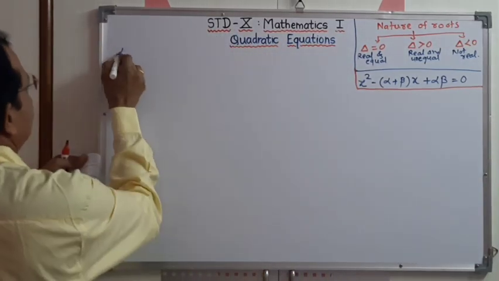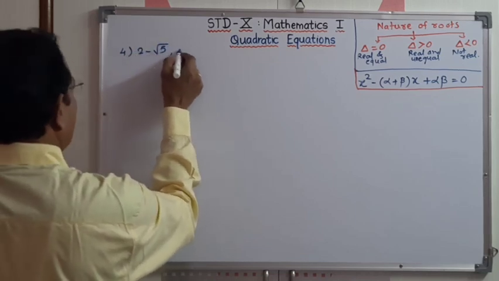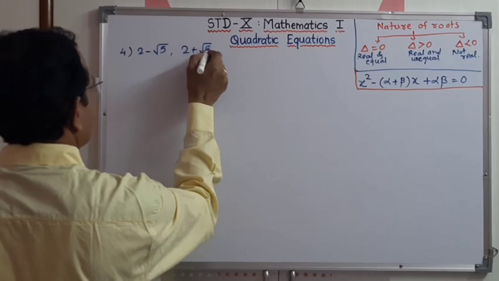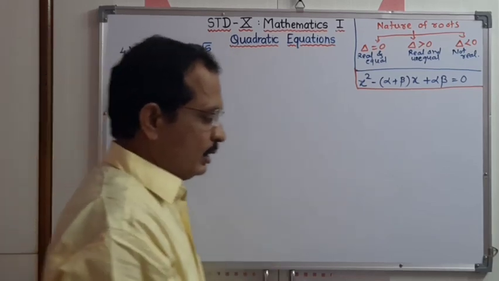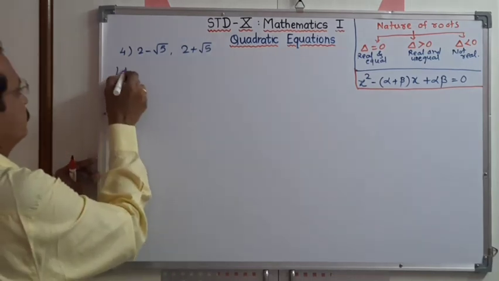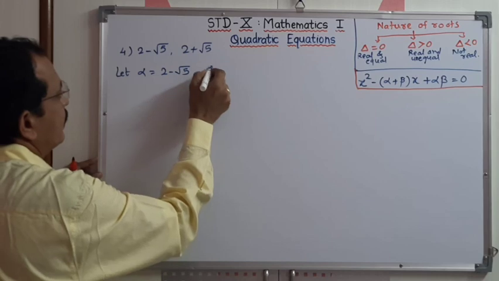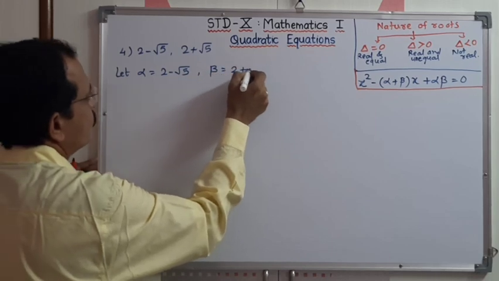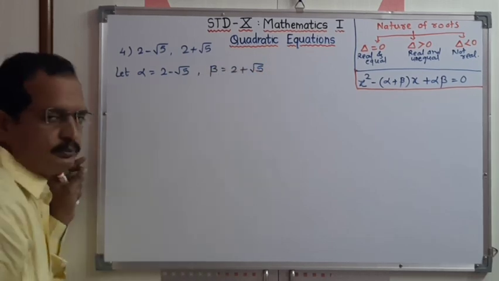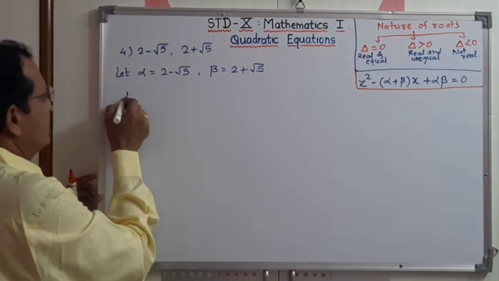From that, see the fourth one is there. It is 2 minus root 5 and 2 plus root 5. Now let alpha is equal to 2 minus root 5 and beta is equal to 2 plus root 5. We have to do the first addition.